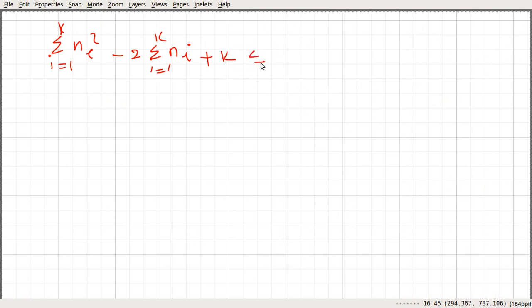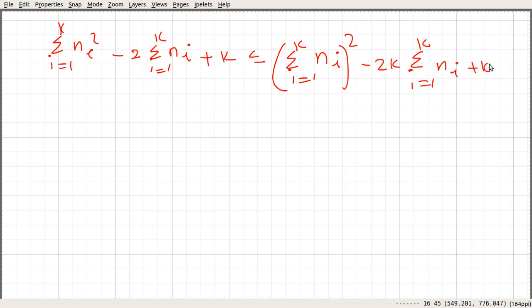And that is less than or equal to the other quantity, the sum from i equal to 1 to k of ni whole squared minus 2k times the sum of ni plus k squared. I simply copied from the previous slide. Okay, from this what I am going to do is, now we have this thing, right? I am moving this to the right hand side.